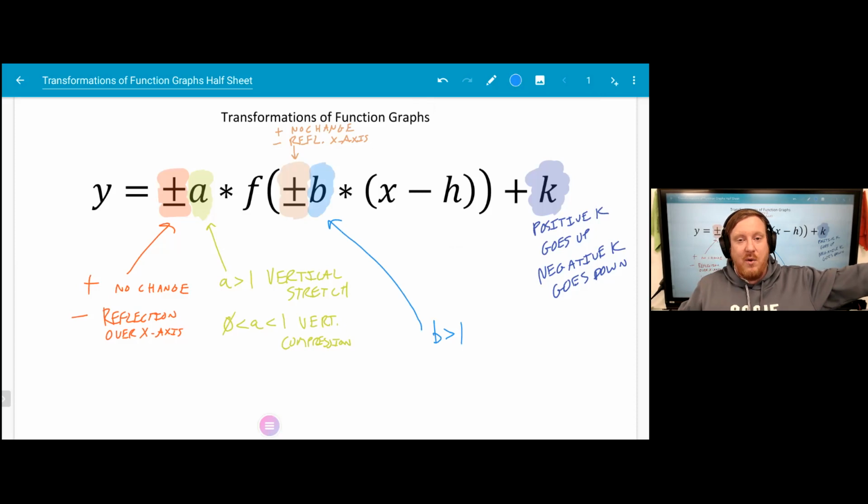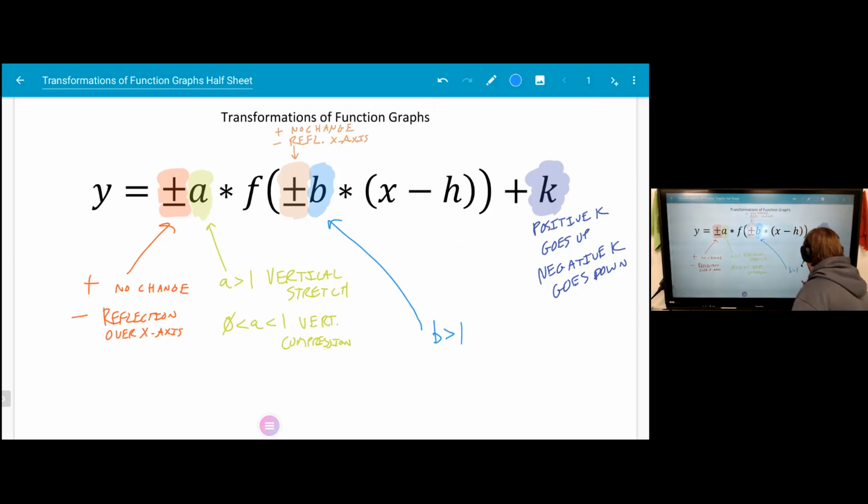If A was greater than 1, we had a vertical stretch. If B is greater than 1, we have a horizontal compression. And if B is between 0 and 1, we have a horizontal stretch.